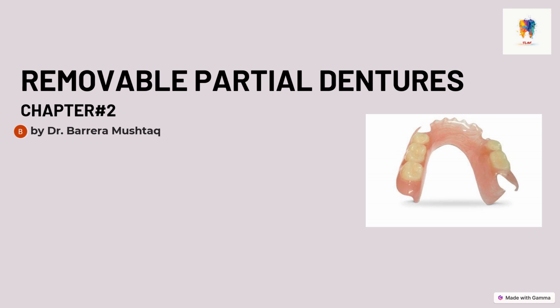By the way, you have three types of prosthodontics: FPD, RPD, and CD. Right now we will be studying removable partial dentures, that is RPD. In this lecture we will study the different types of RPD.